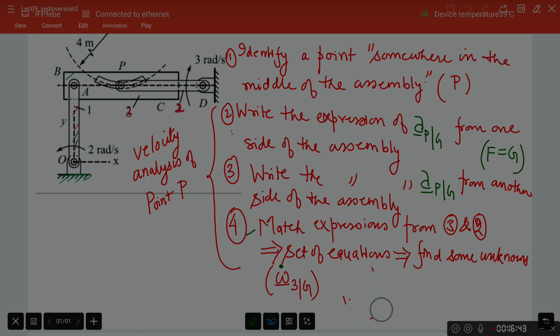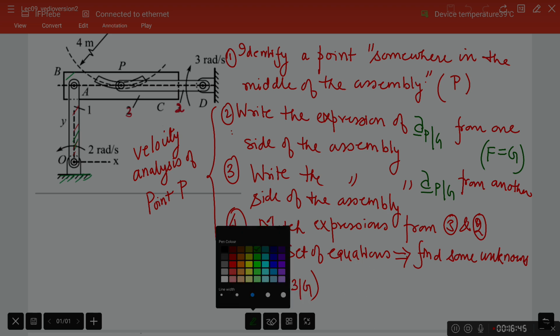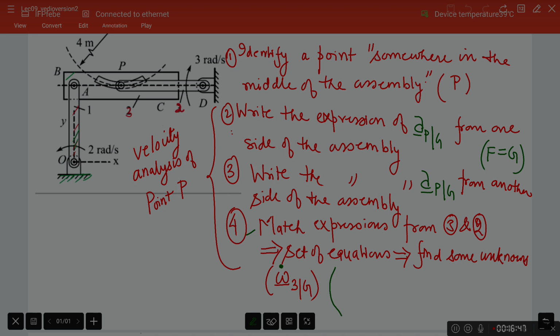And here typically what happens is that before you can solve for the angular acceleration of 3 with respect to g, you will need the information about the angular velocity of the same body 3 with respect to g, which we would have gotten by that time using the velocity transfer relationship.